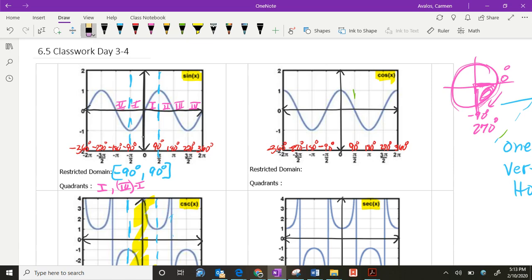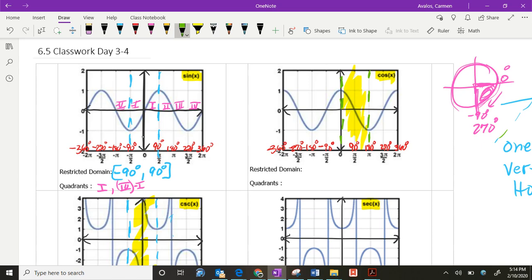So we are not going to restrict it there. Let's undo that and get this one here. That is going to be restricted between 0 and 180 degrees. And if we look at that, that one now is going to pass the horizontal line test. And so then we are good to go.